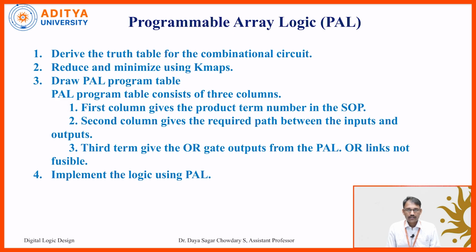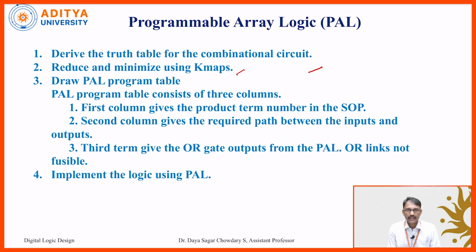While solving any problem, these are the steps we have to follow. Derive the truth table for the combinational circuit. If a question contains any equations or expressions, we have to derive the truth table for those expressions, which are mostly Boolean expressions. Then minimize using a K-map.